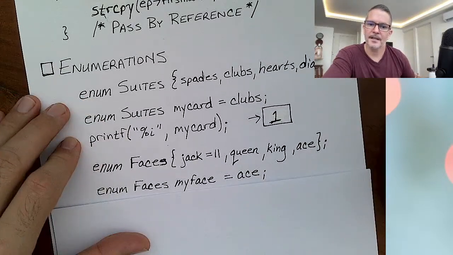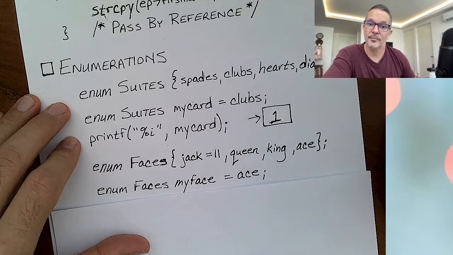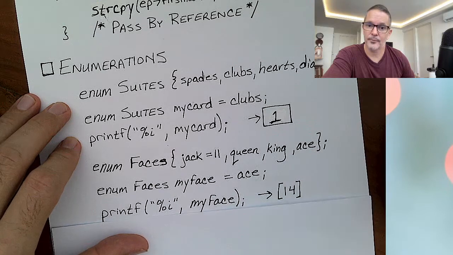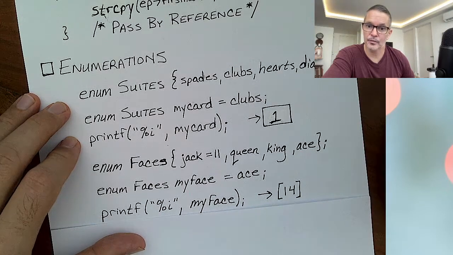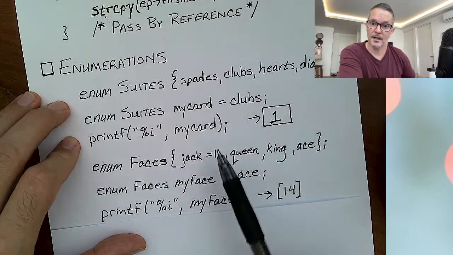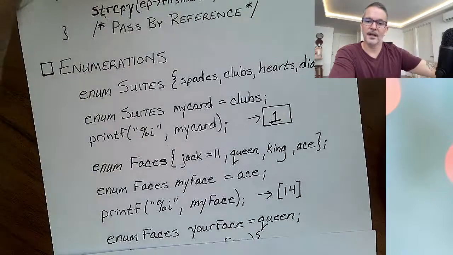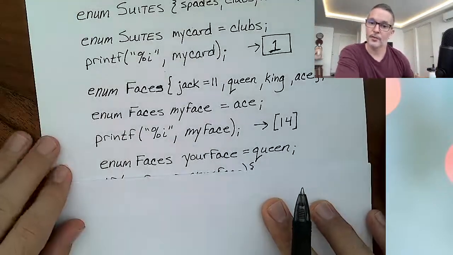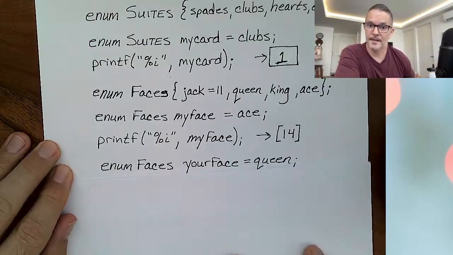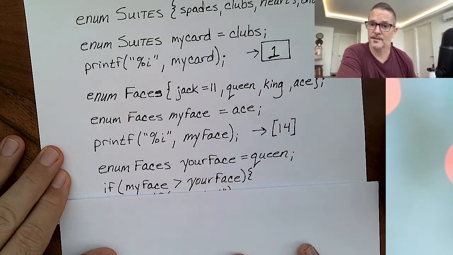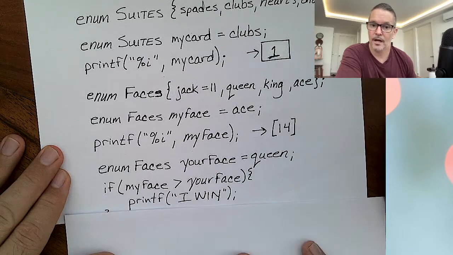So now, if I define a variable of type faces and I set it equal to Ace, and I print its value out, the value will be 14, as we've said, 11, 12, 13, 14. If I define another variable called your face and I set it equal to Queen, look what I can do. I can say, if my face is greater than your face, if my face beats your face, if it has a higher value than your face, then print out, I win.